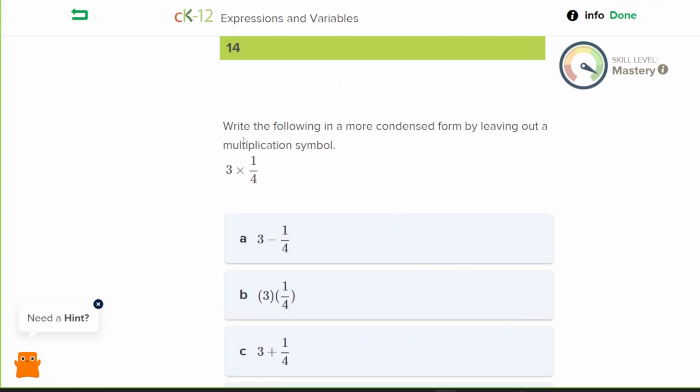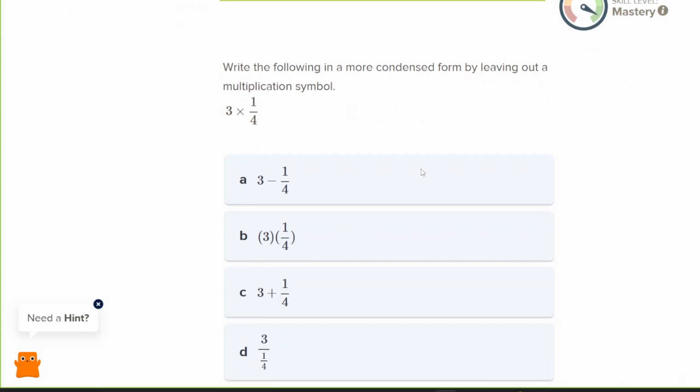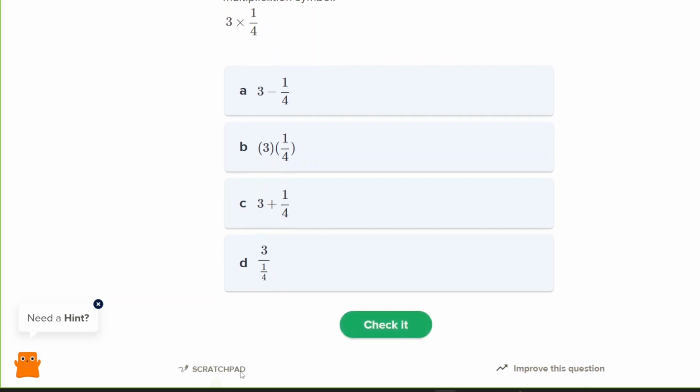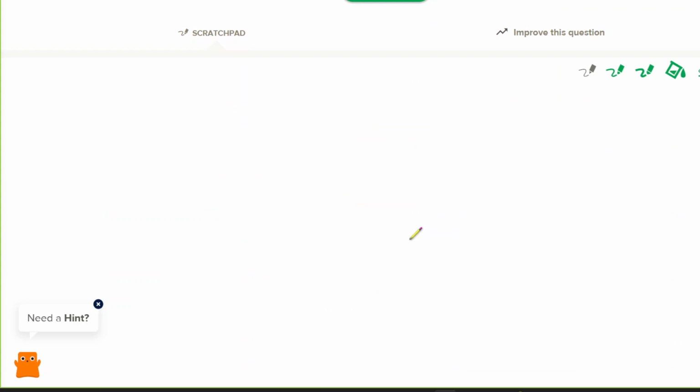Okay. Here we're asked to write the following in a more condensed form by leaving out the multiplication symbol. So we have 3, then the multiplication symbol, then 1/4. Now you can write this in many ways. Multiplication can be represented in multiple ways.